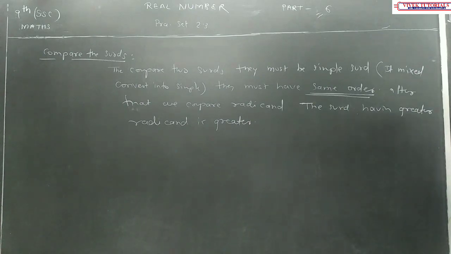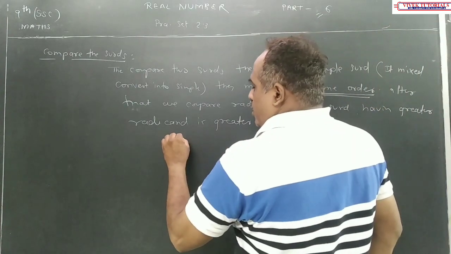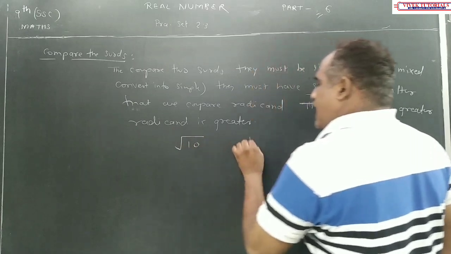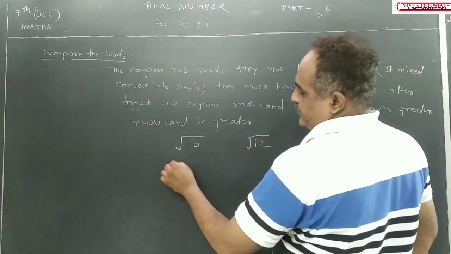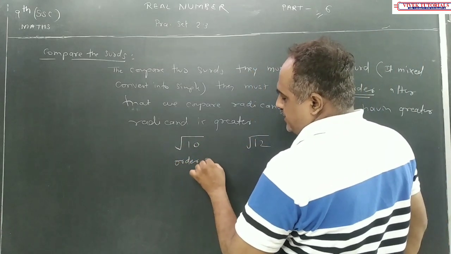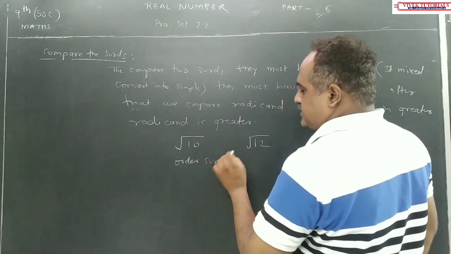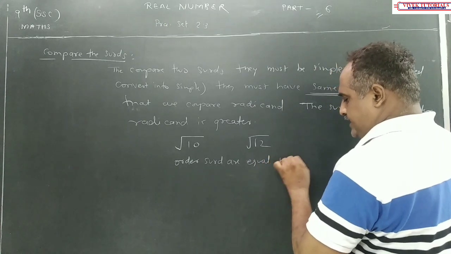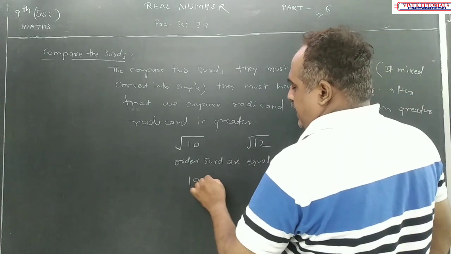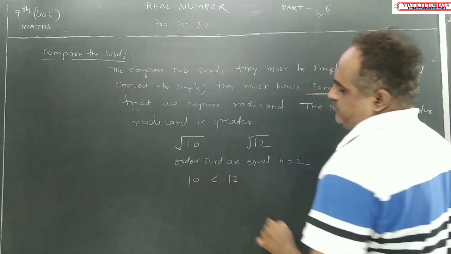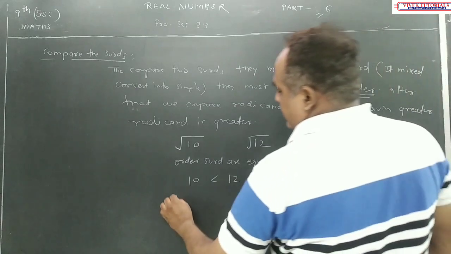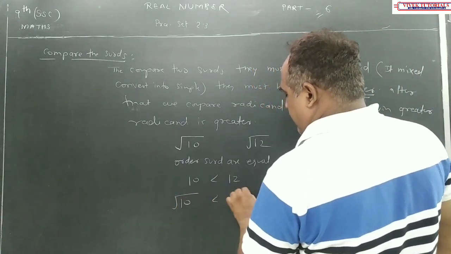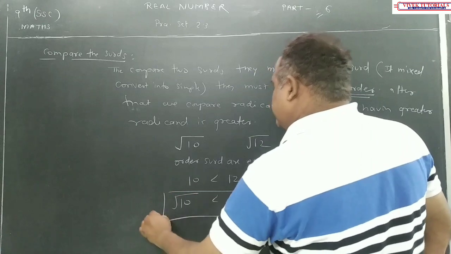Got it now? Suppose root 10 is there and root 12 is there. The order of the surds is equal, that is n is equal to 2. And 10 is smaller than 12. So I can say that root 10 is smaller than root 12. This is the comparison.